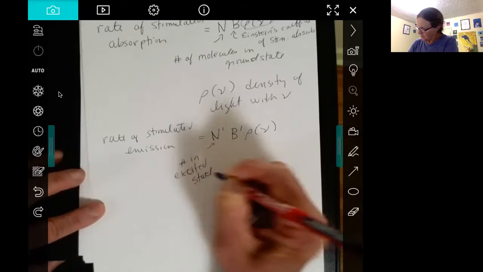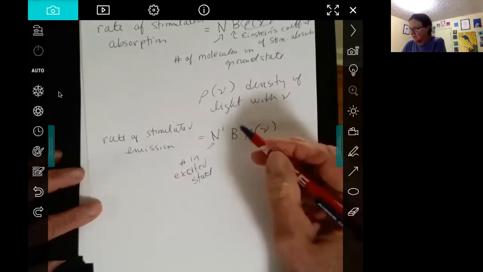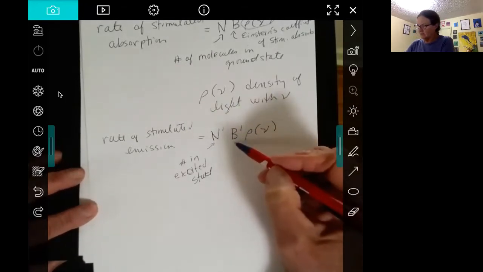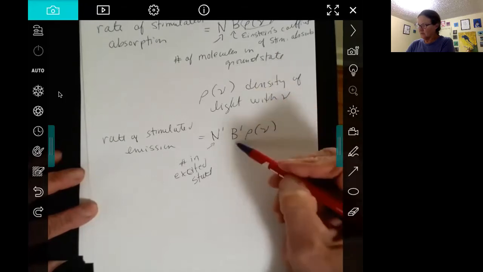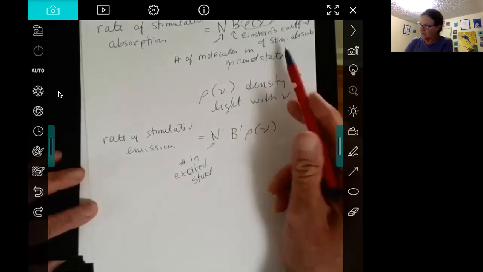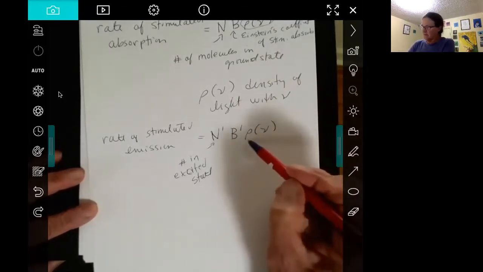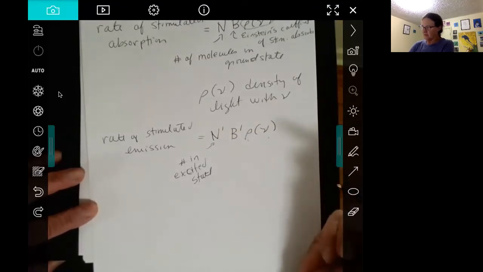This is the rate of stimulated emission, so Einstein's coefficient of stimulated emission. I'm not going to write that out. And then the density of that frequency of light.